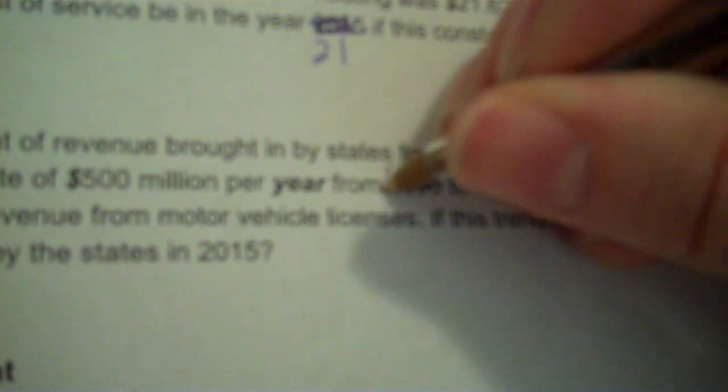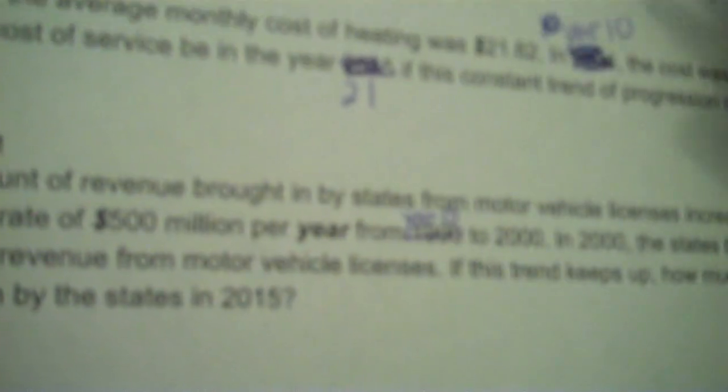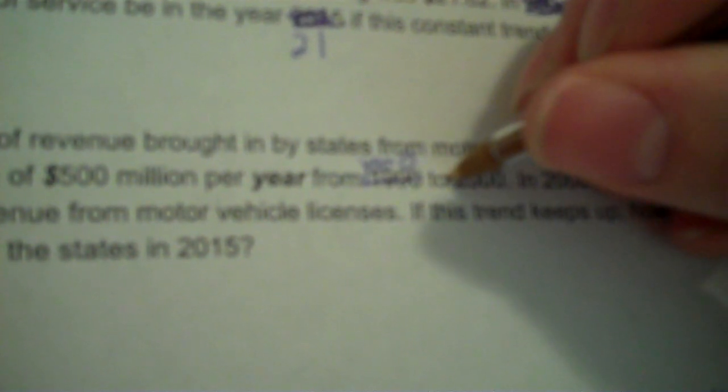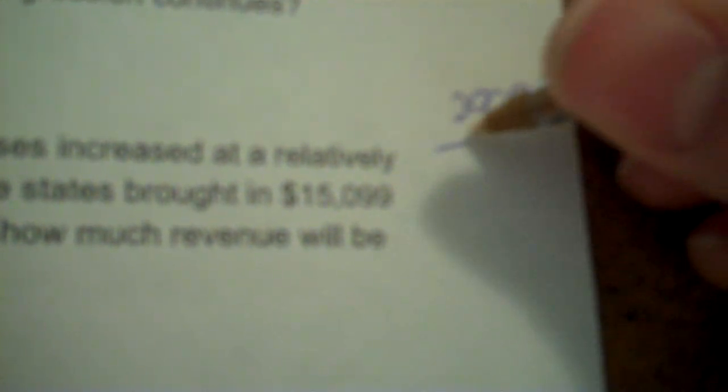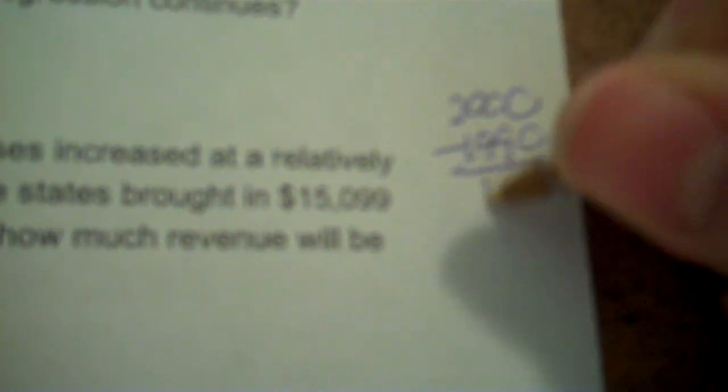You have to get rid of your years. The first year you have is 1990, so that's going to be year 0. Okay, 2000. Again, you take 2000 minus 1990, so that's year 10.